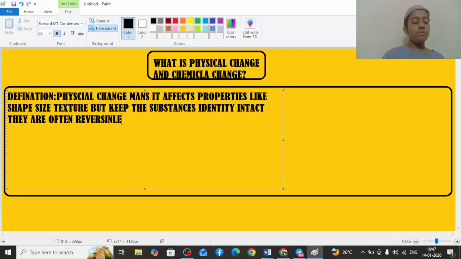Now, the size of the paper, you can see when I make the ball, the size of the paper has become this. So these are the things which happen in a physical change, and they are often reversible, meaning they can also be reverted and reset to the original. Now I hope you understand what a physical change is.